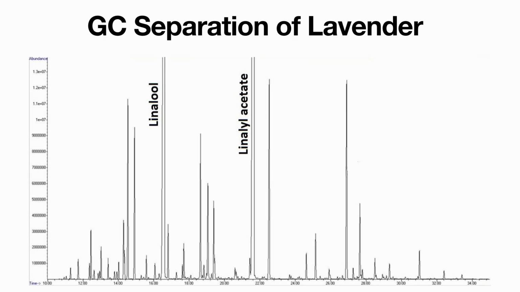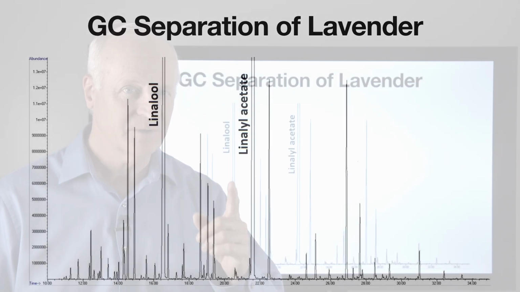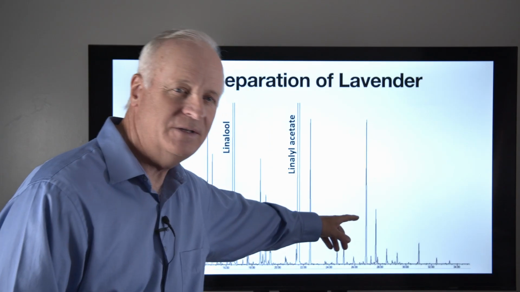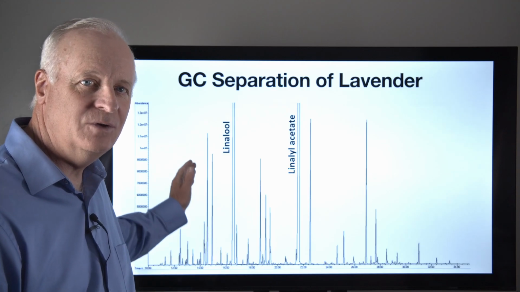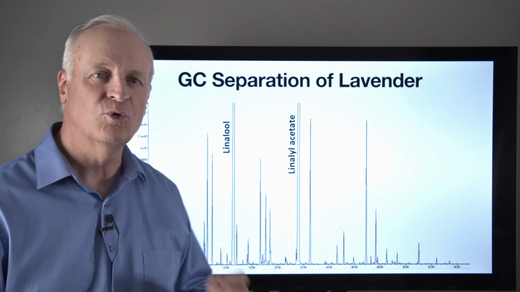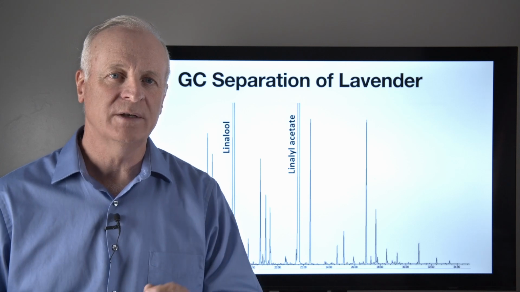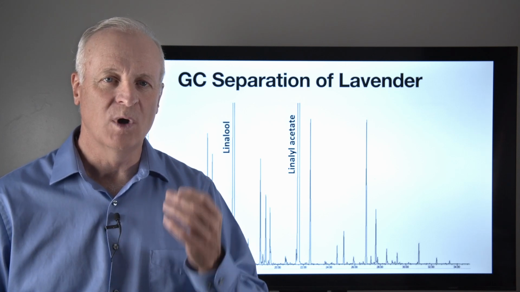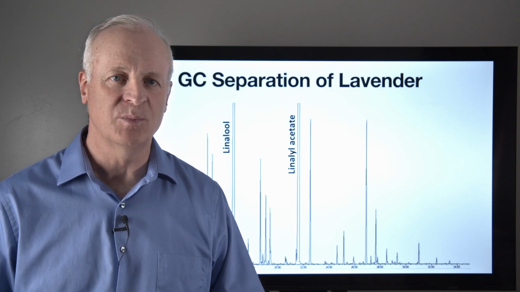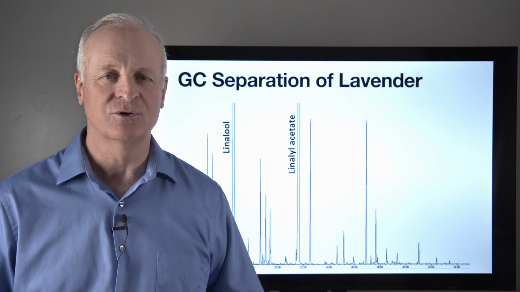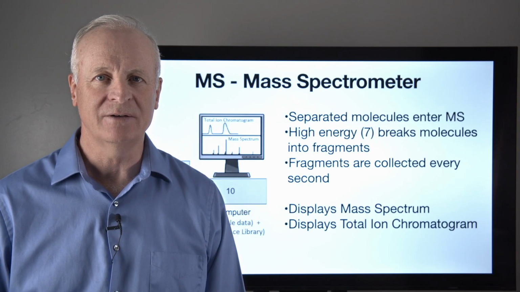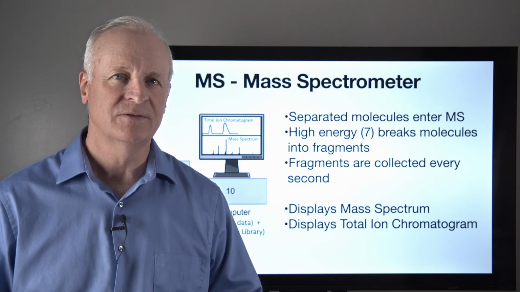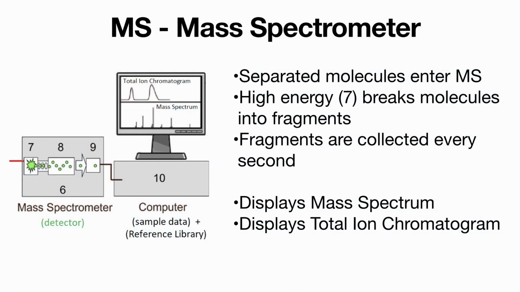That's what a mass spectrometer does. But the mass spectrometer is still needed to identify all the rest of these components, to give them a name so that we can create a report of what components and what percent of each one of these components is in the lavender essential oil. So let's look at the process of the mass spectrometer.